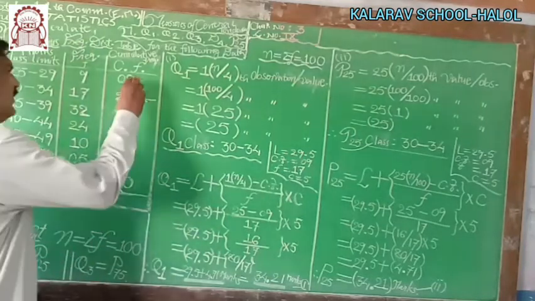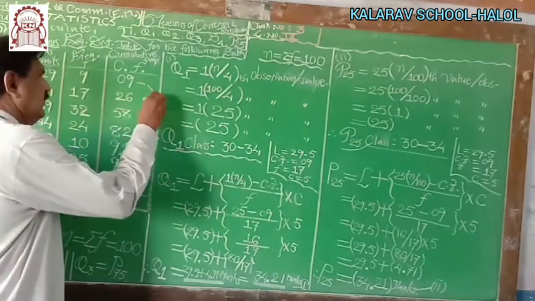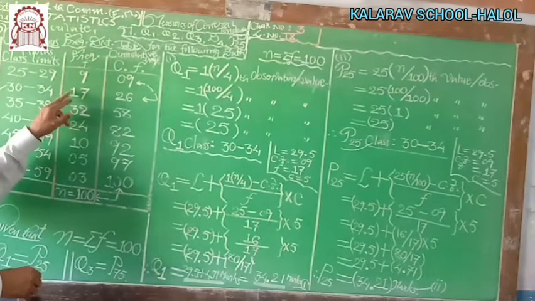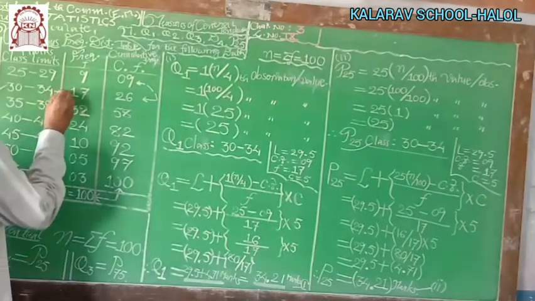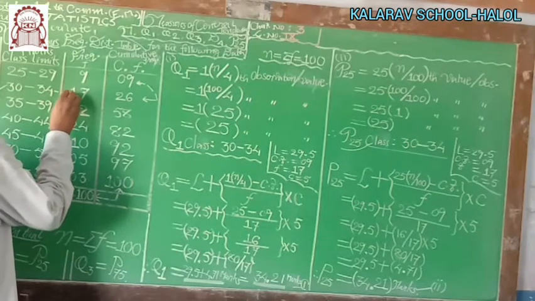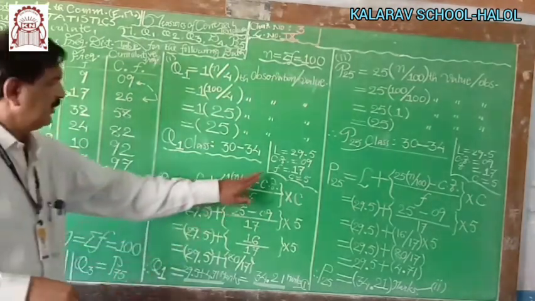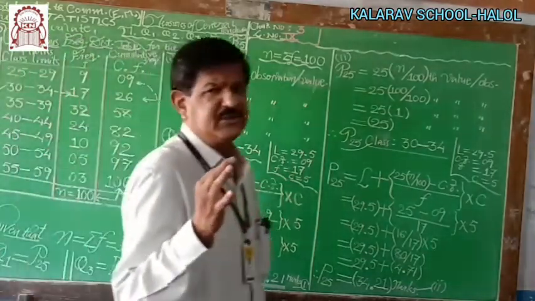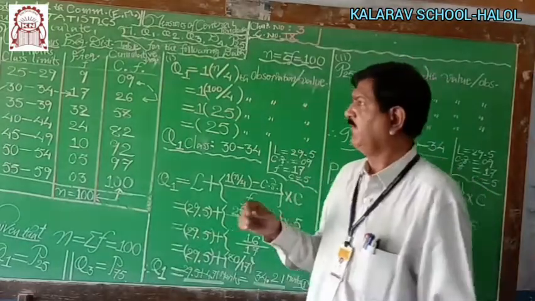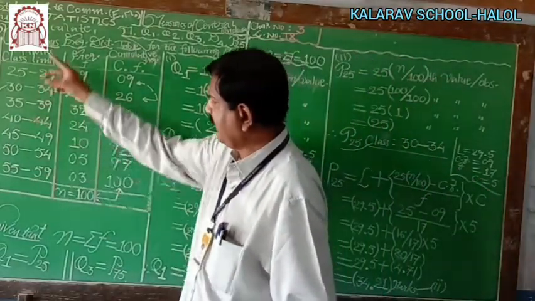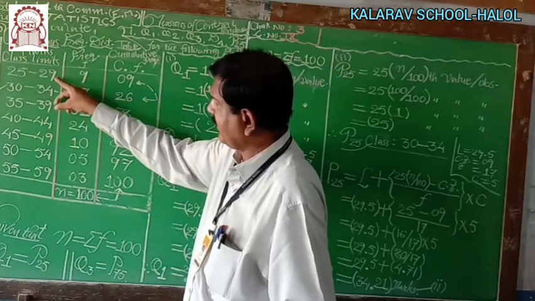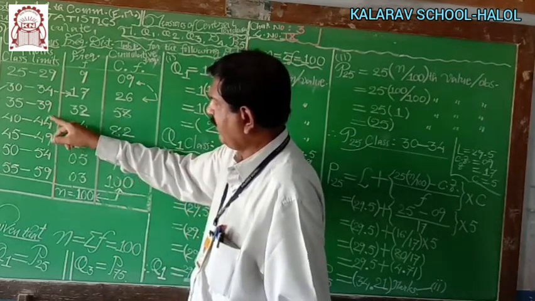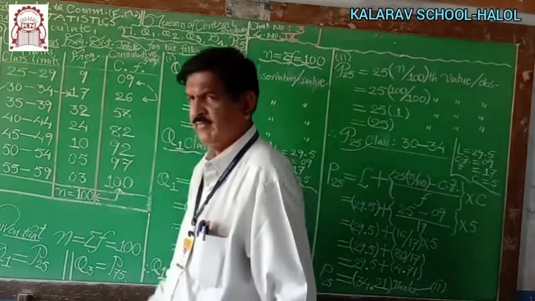CF, the cumulative frequency of the previous class, is 9. F, the frequency of the class, is 17. C is 5, the class interval or class width. For these inclusive classes, 34 minus 29 is 5, 39 minus 34 is 5, 44 minus 39 is 5, and so on.